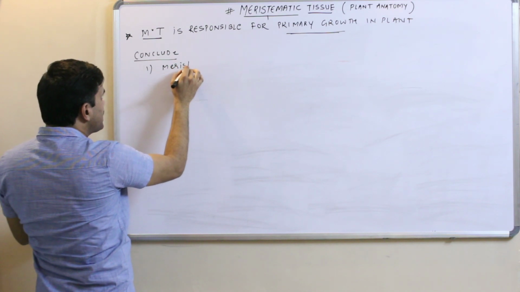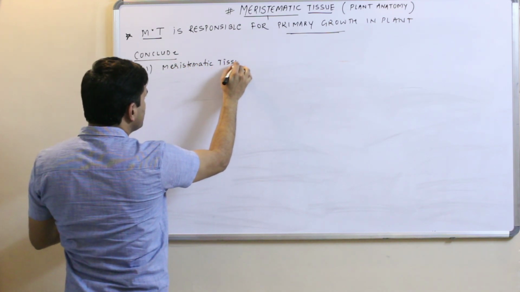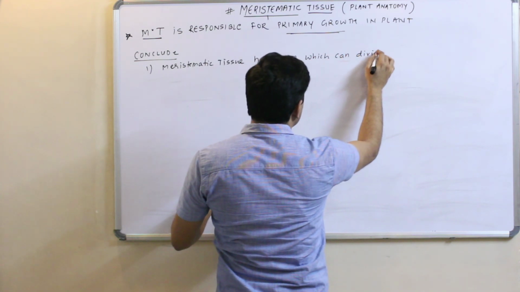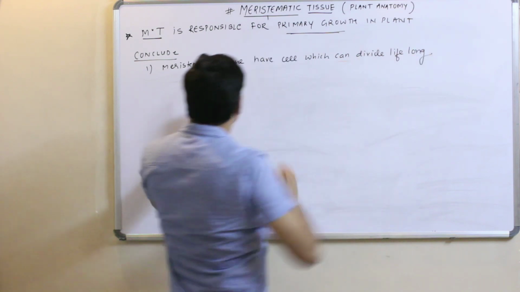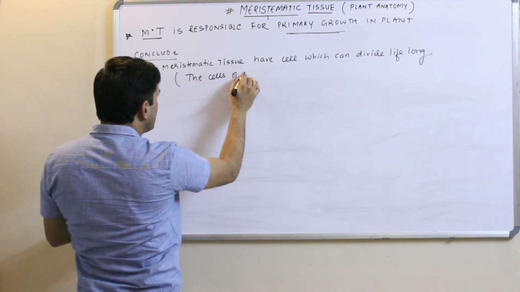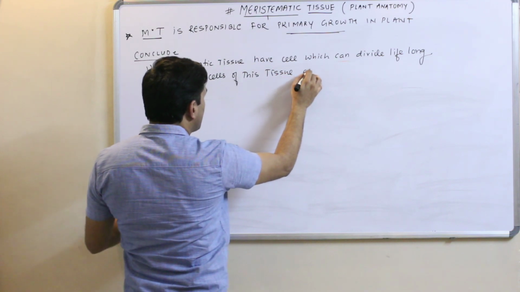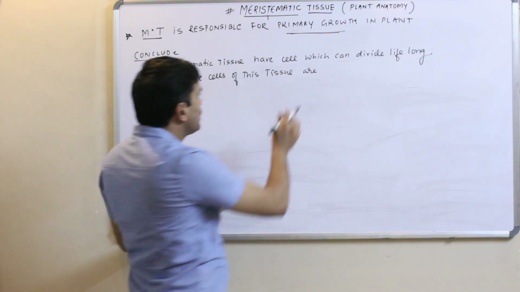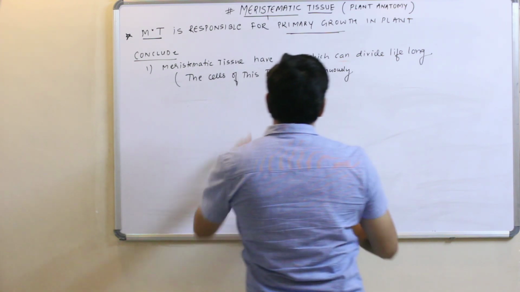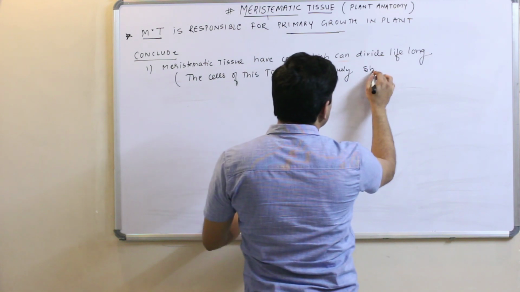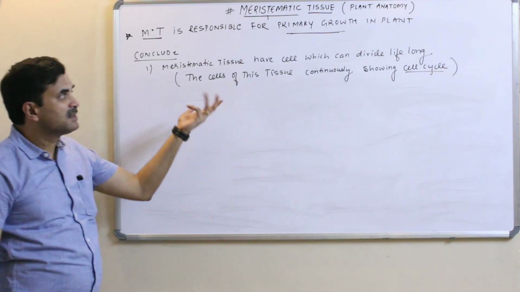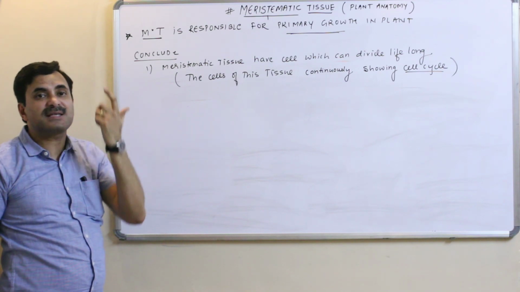So what we can conclude is that meristematic tissue has cells which can divide lifelong, meaning the cells of this tissue are continuously showing the cell cycle, and you know very well that in the cell cycle the cell will divide.